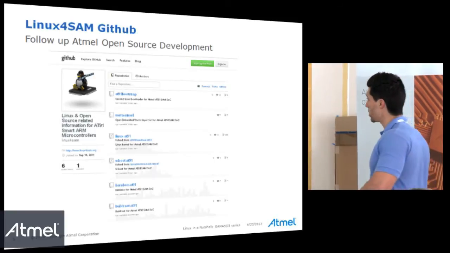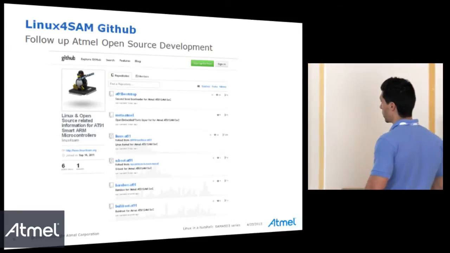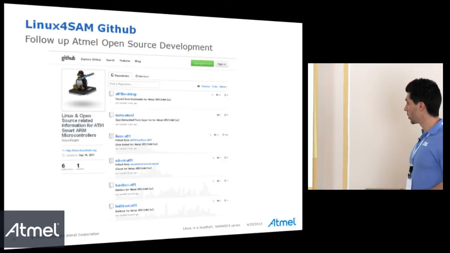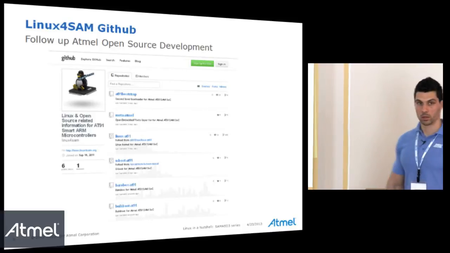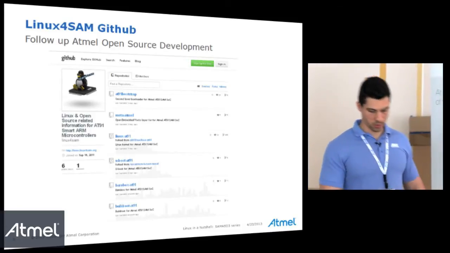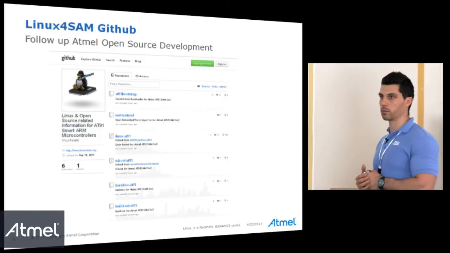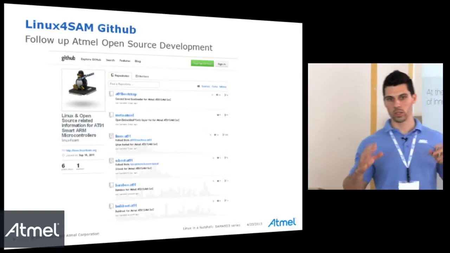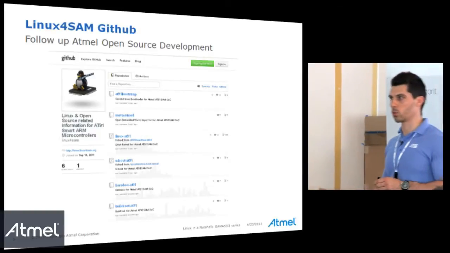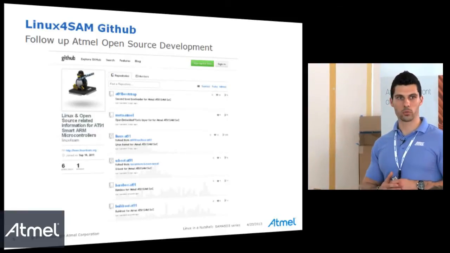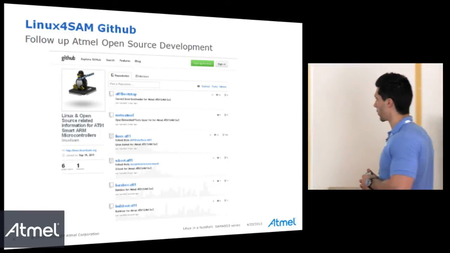As you can see in this slide, you have one branch for each software component, for example the AT91 Bootstrap, or U-Boot, or the kernel itself. If you browse the GitHub repo, you will see the different tags made by the Atmel software team, showing which tag fixed what, and which feature was added or improved. This is a good way to have up-to-date information regarding Linux software development.